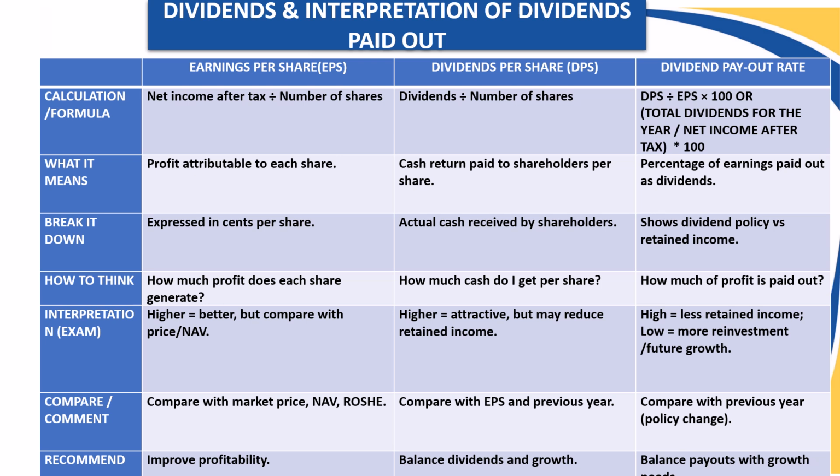Okay, so why do directors decide to keep some of the net profit back for retained income? Mostly it is because they want to expand the business, or maybe they want to buy or build a new building, or they want to improve the company.